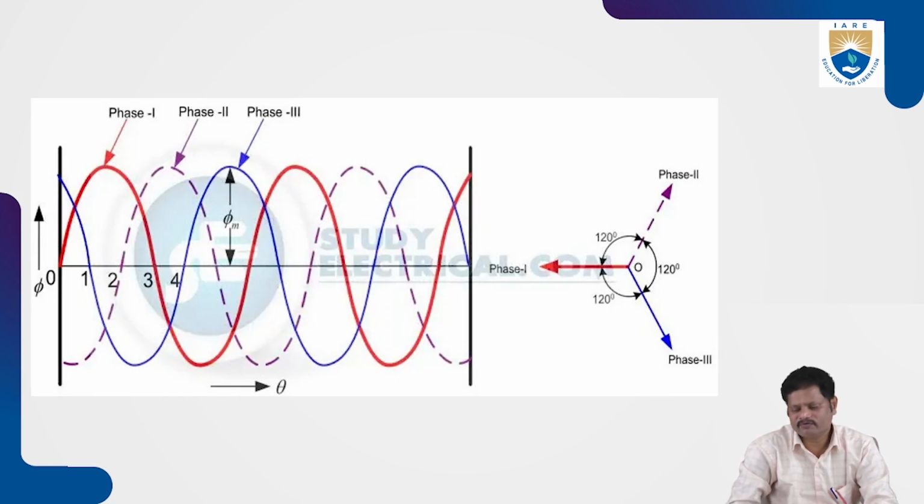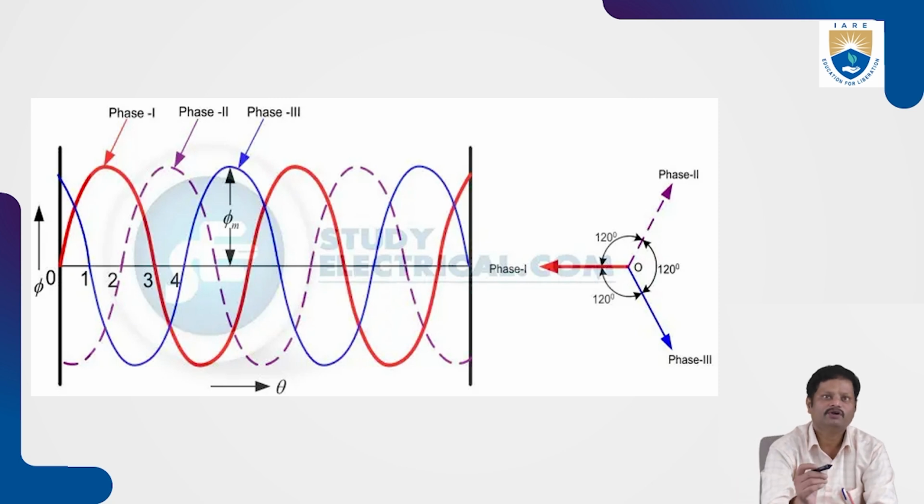How is the rotating magnetic field produced? Whenever a balanced three-phase AC supply is given to the stator winding, it produces a three-phase voltage EMF, a rotating magnetic field in each phase.